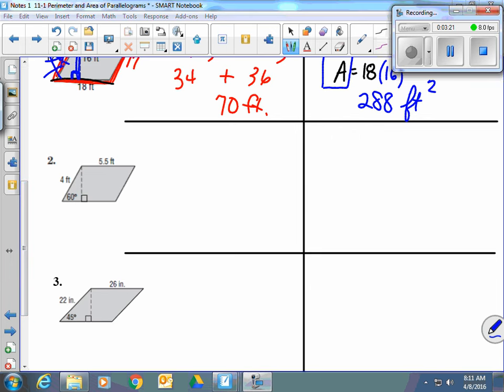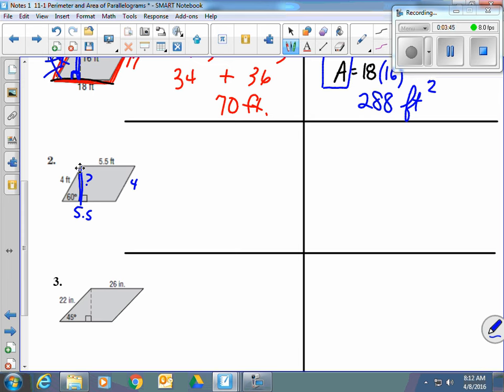Okay, so if you've paused the video, now what we're going to notice is, oh wait a minute, they told me that this was 60 degrees. So I don't know what my height is. It's still a parallelogram. If this is 4, then this one's 4. This is 5.5, so this one is 5.5. Now, to find the height of this one here, I'm going to have to use trig, or I can do 30, 60, 90.